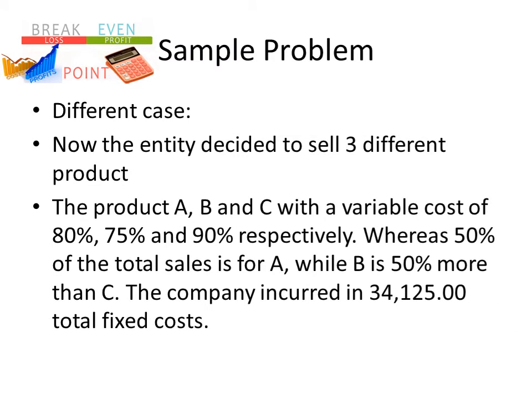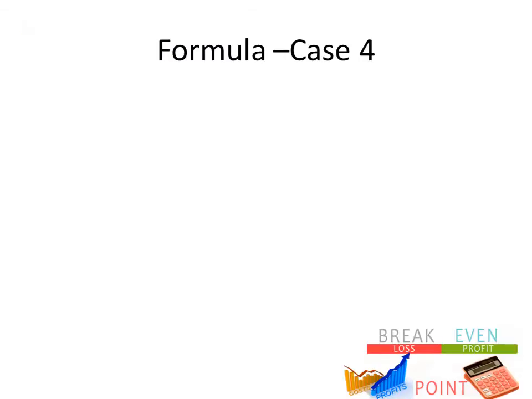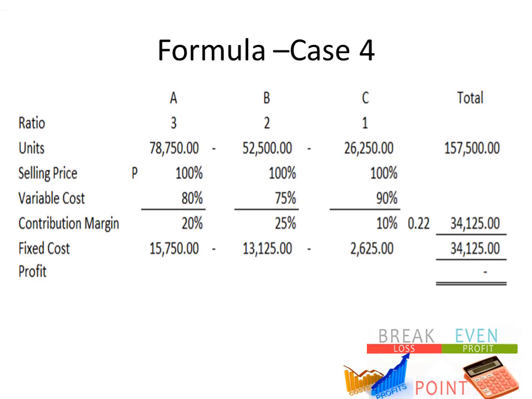Different case. Suppose products A, B, and C have a variable cost of 80%, 75%, and 90% respectively, whereas 50% of the total sales is A, while B is 50% more than C. The company incurred 34,125 in total fixed cost. So let's see. This time, the ratio would be A composed of half of the sales.